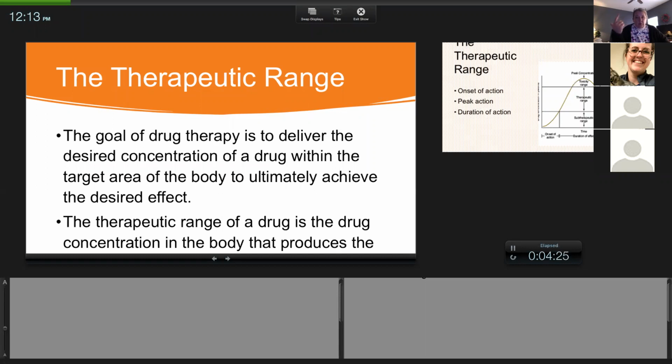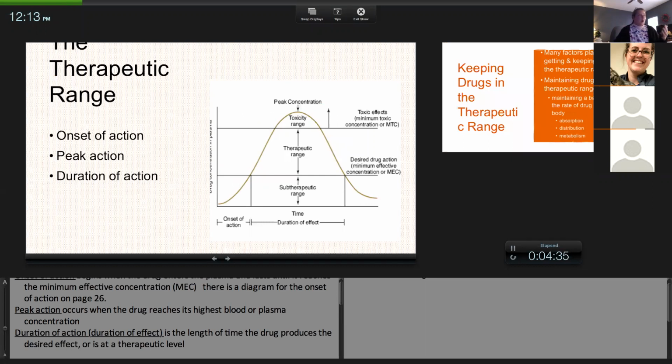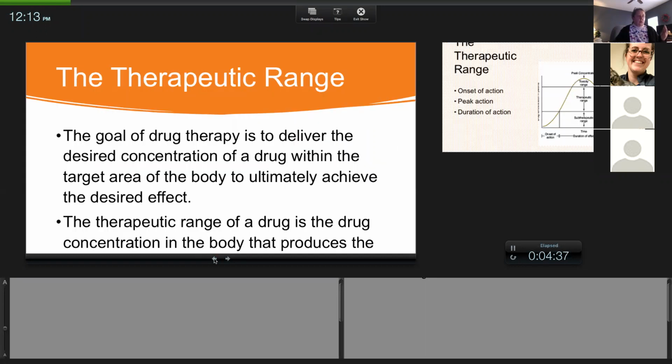So if doses are skipped, days are skipped, or a person decides to take that Duramax that's supposed to be once a day and break it in half and give it twice a day, are we going to get to the proper therapeutic range? You have to get it to a certain level. The definition: the therapeutic range is the drug concentration that produces the desired effect.